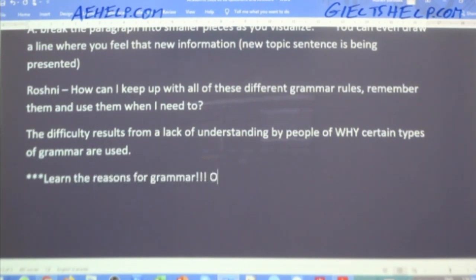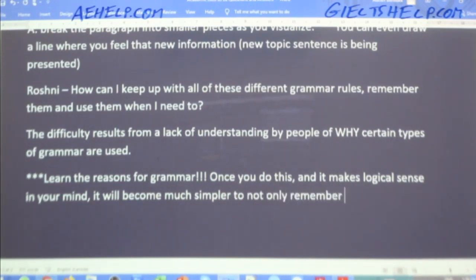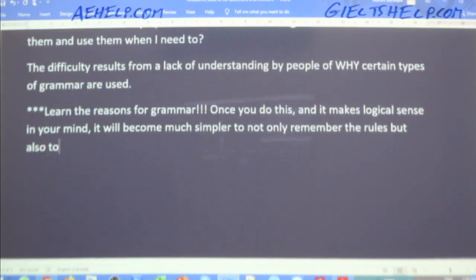Okay? Once you do this, and it makes logical sense in your mind, it will become much simpler to not only remember the rules, but also to use them.